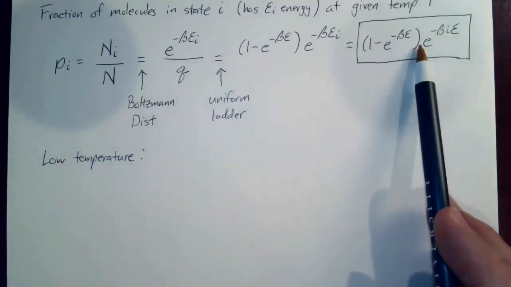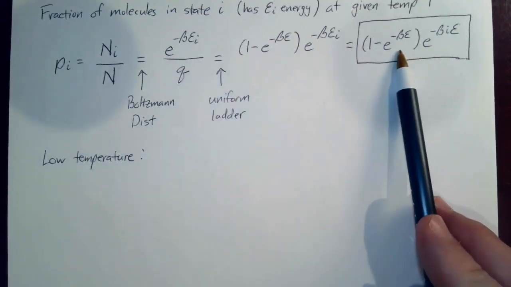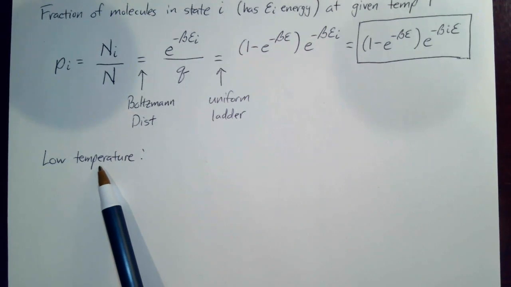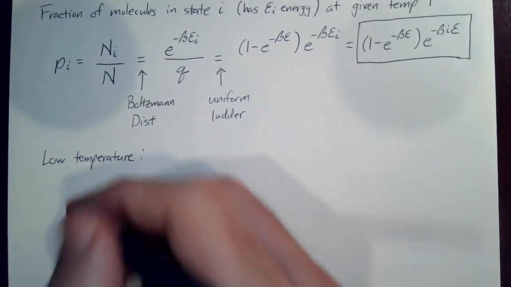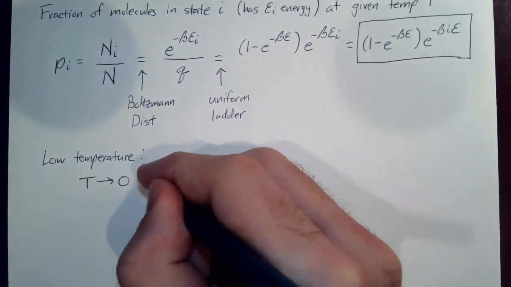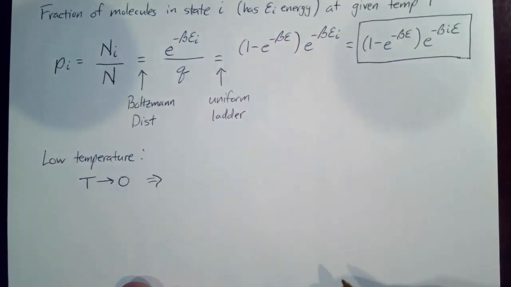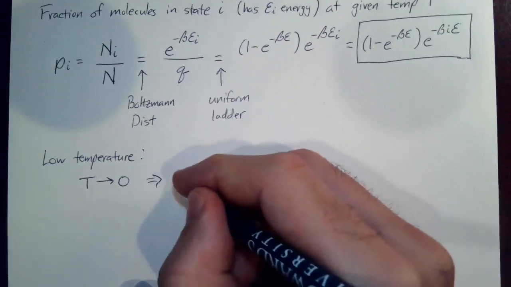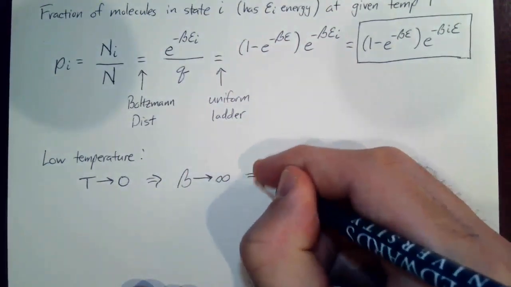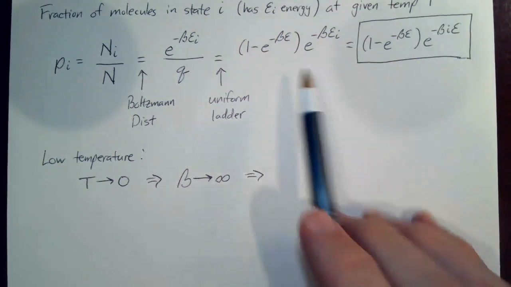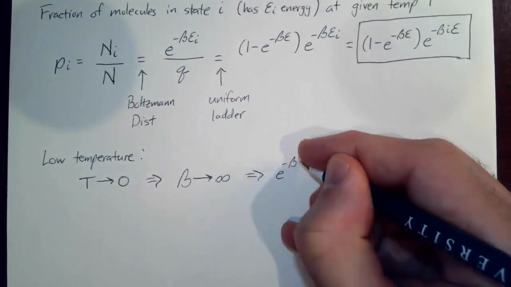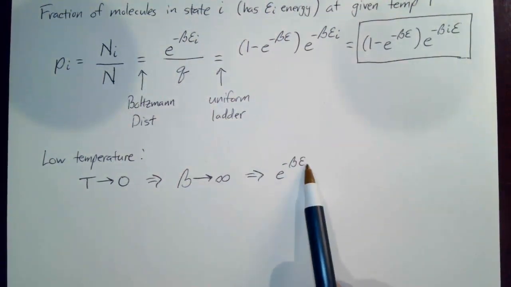So let's look at this probability of being found in state i as the temperature gets lower. So as T approaches 0, then since beta is proportional to 1 over T, beta approaches infinity. And if we look at this term, e to the minus beta epsilon, this is beta times a constant.